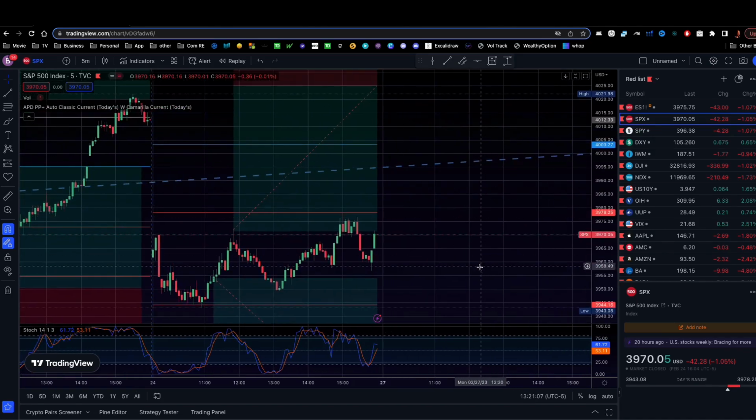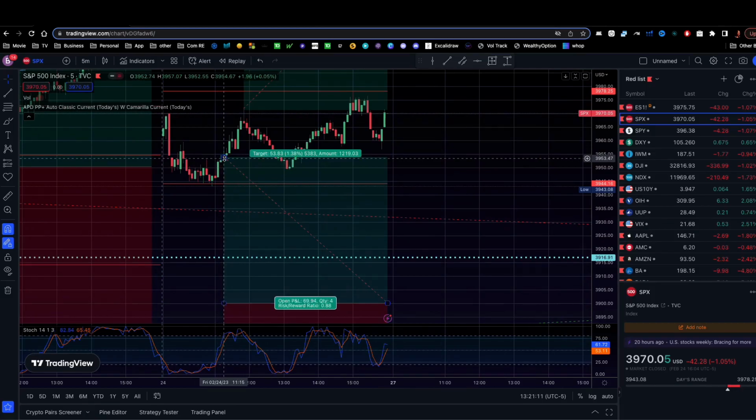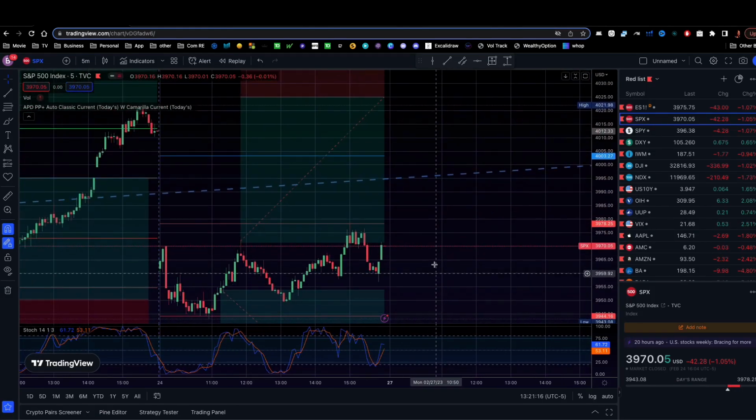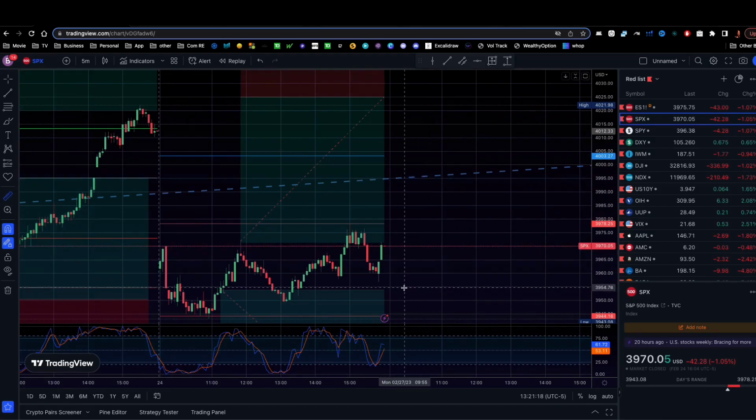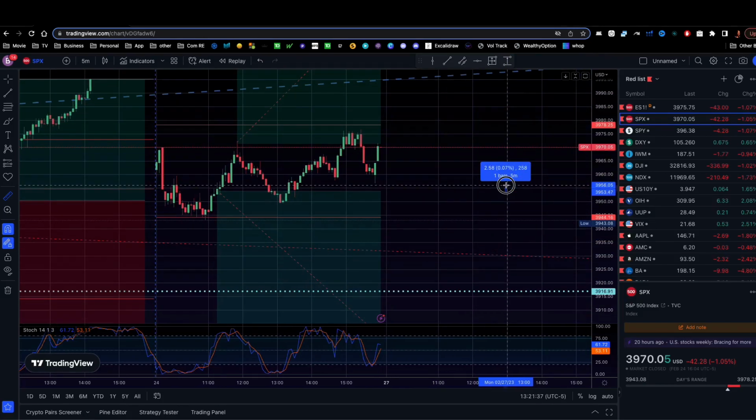So instead of a normal iron condor, if I did an iron condor when I traded this initial put spread, I would have been probably 20 points lower on the high side, which still would have worked, but you never know. You don't have the luxury of knowing what the future is. But this gap right here bought me an additional 17 points of safety, 17 points of risk that I don't have to worry about in the width of my iron condor. And that's what I like to see.